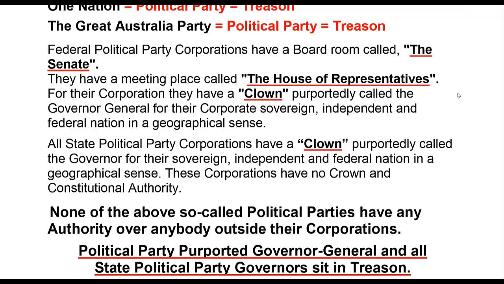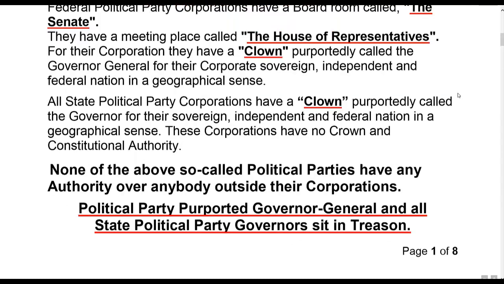They have a meeting place called the House of Representatives. For their corporation, they have a clown purportedly called the Governor-General, for their corporate, sovereign, independent and federal nation in a geographical sense. All state political party corporations have a clown purportedly called the Governor, for their sovereign, independent and federal nation in a geographical sense.